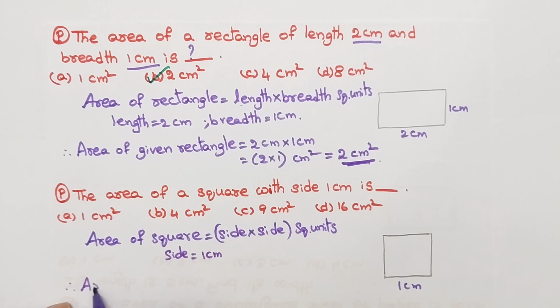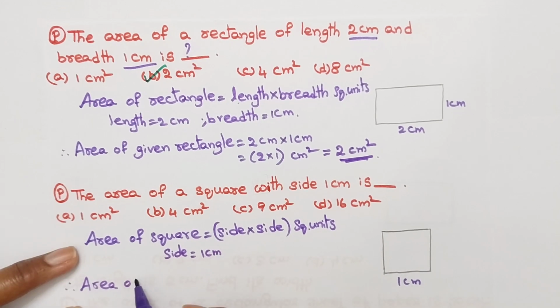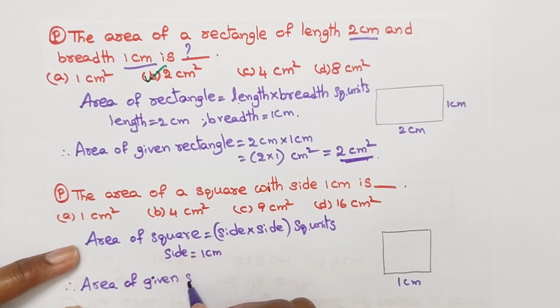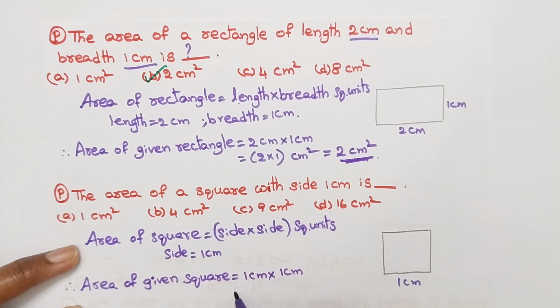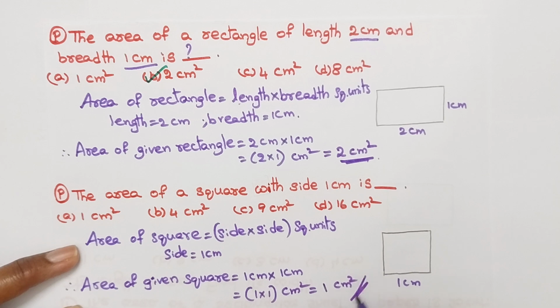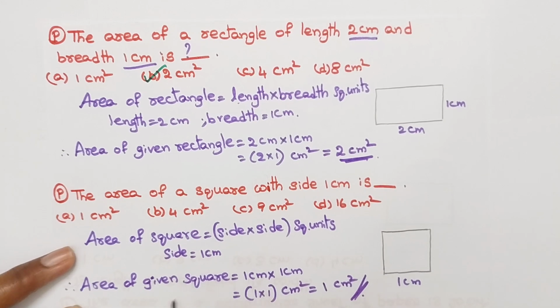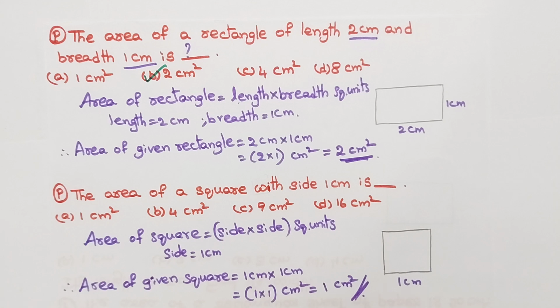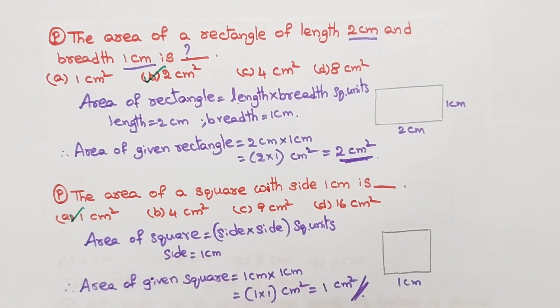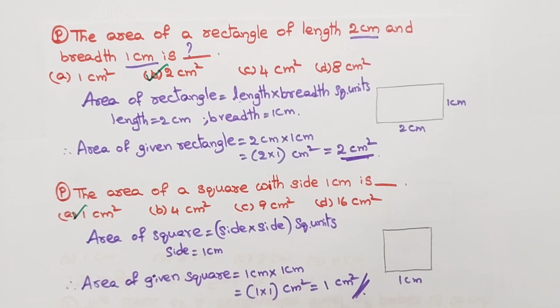Therefore, area of the given square equals side into side, 1 centimeter into 1 centimeter, that equals 1 into 1 centimeter square. This is the area of the given square. Option A, 1 centimeter square, is the correct answer.